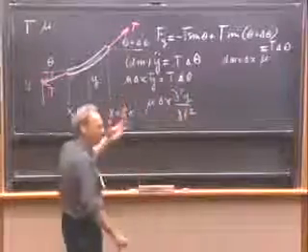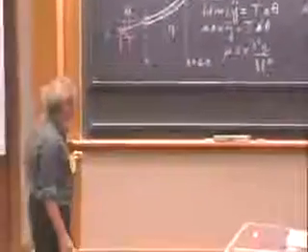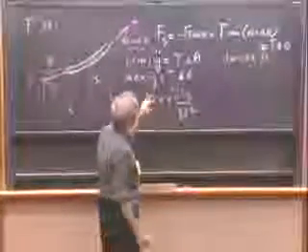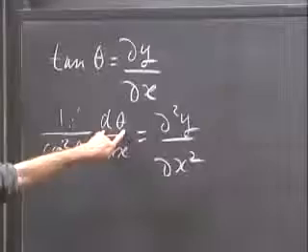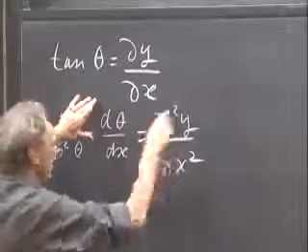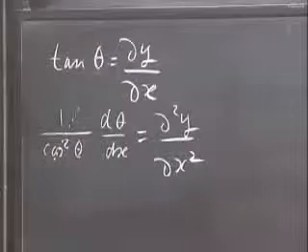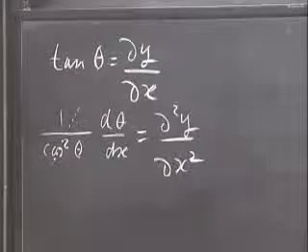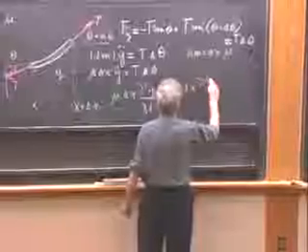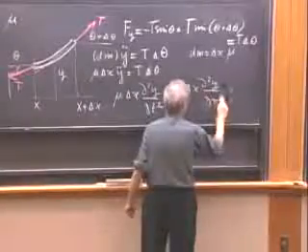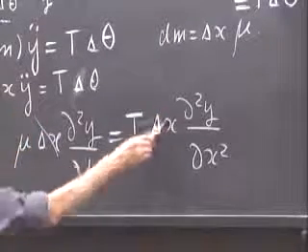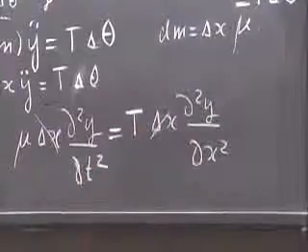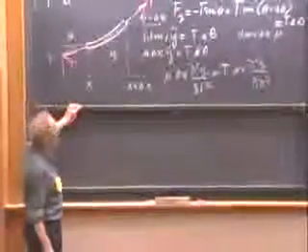I use partial derivatives because I'm not changing x. That's the justification for the partials. And now I get t, and this delta theta I'm going to write as this times delta x. So now you get delta x times d2y dx squared. And now I'm doing something that mathematicians would never do. I'm going to divide out delta x. Don't tell your 18 whatever people that I did that.